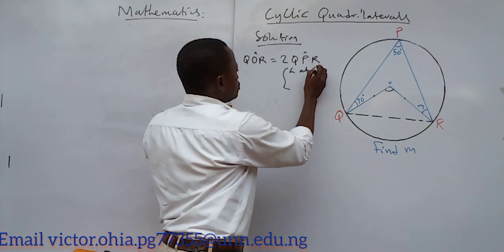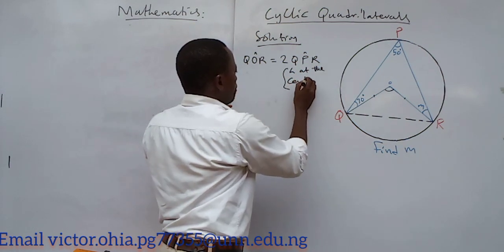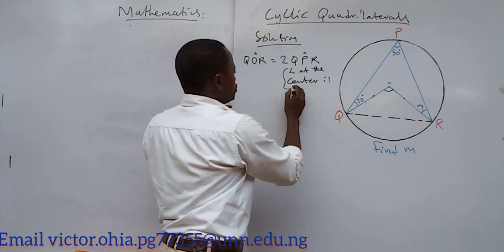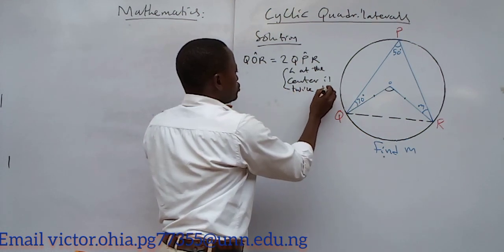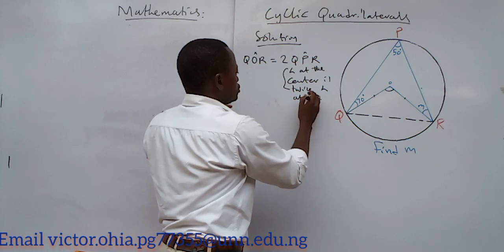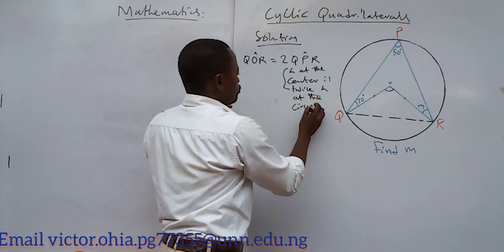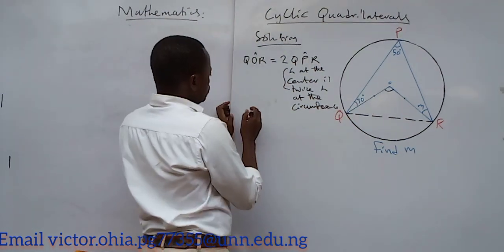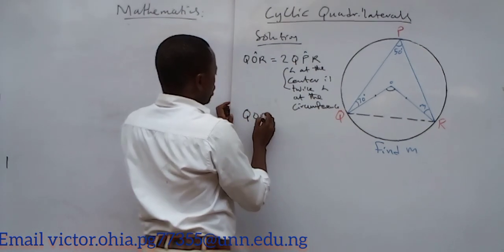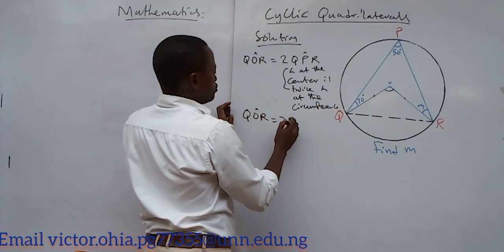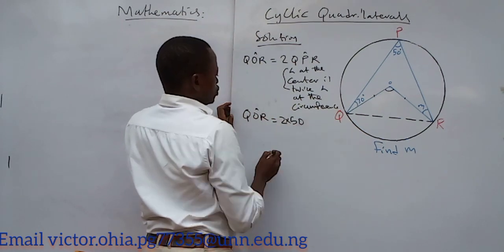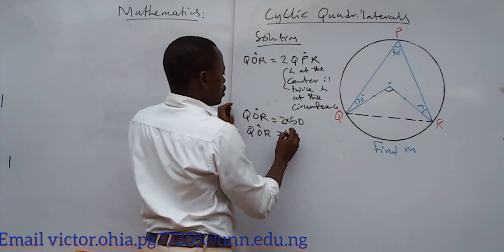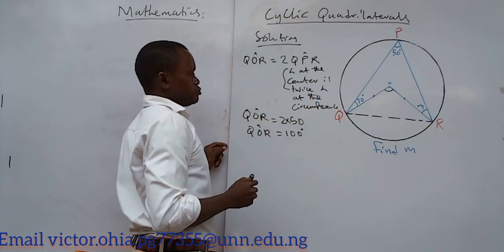Angle at the center is twice angle at the circumference. So it then means that angle QOR is equal to 2 times 50, that means angle QOR is equal to 100 degrees.